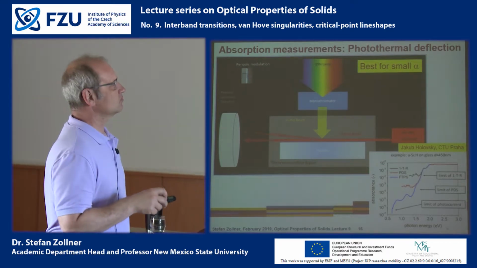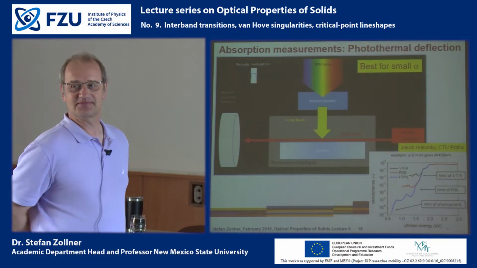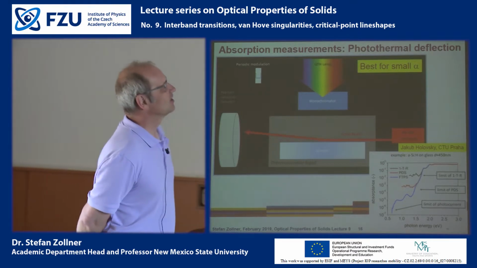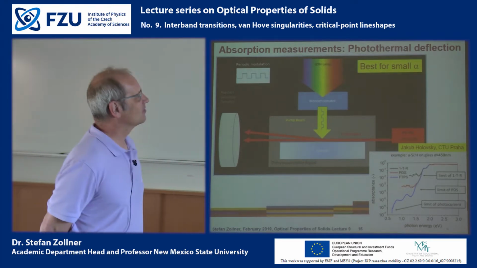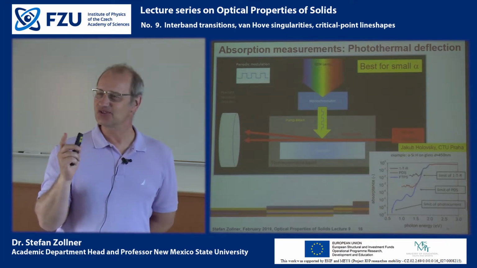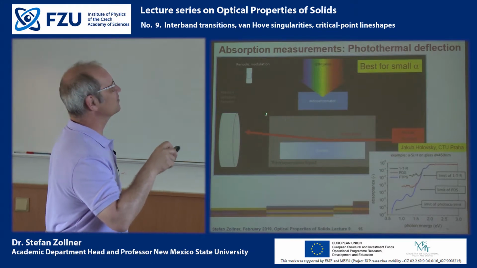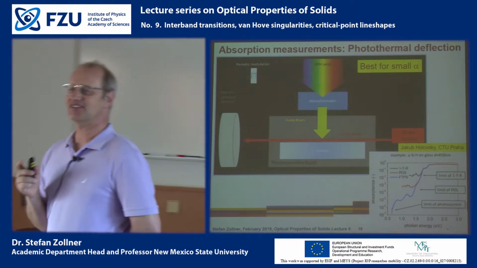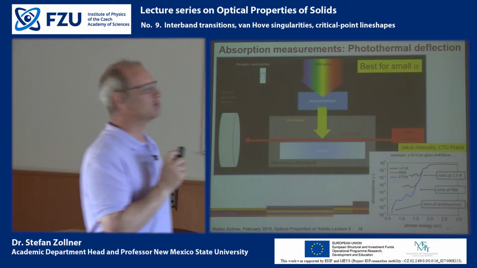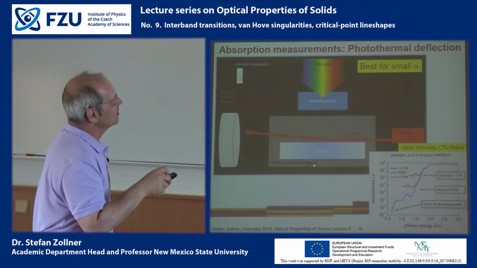So is it because the sample experienced thermal expansion? Well, I've never used this technique. So the question is where does the deflection come from? That's a very valid question. I have never used this technique, so I'm not exactly sure about the answer. But I think the key is here, thermosensitive liquid.